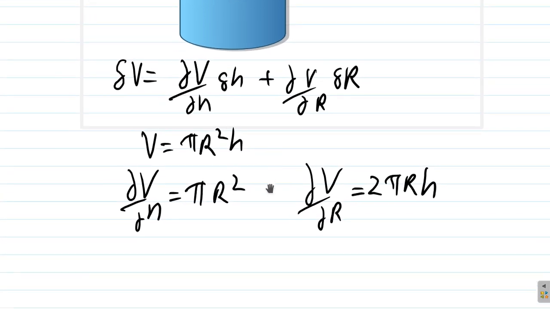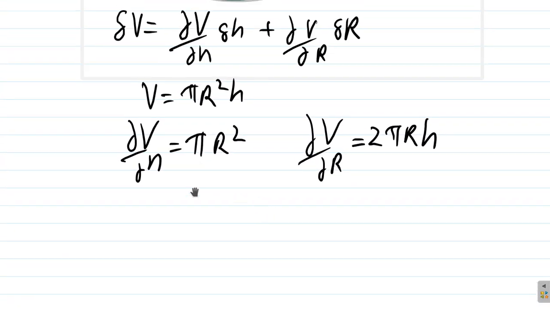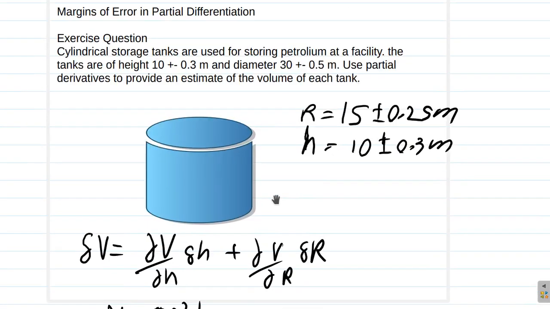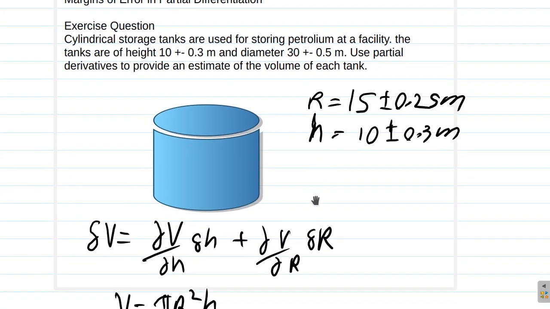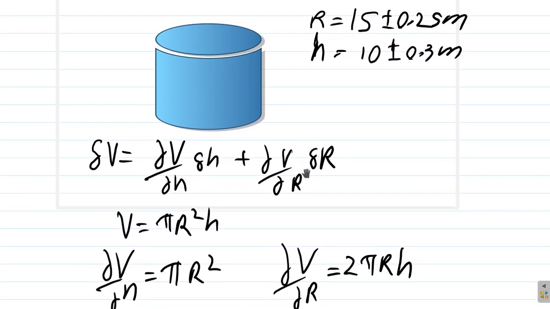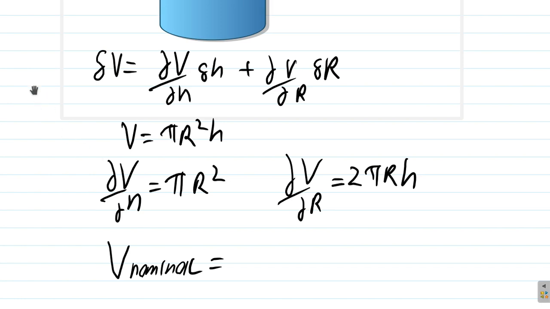Now, the nominal volume, V nominal, that is the volume without the errors, would be pi times 15 squared times 10. Alright?